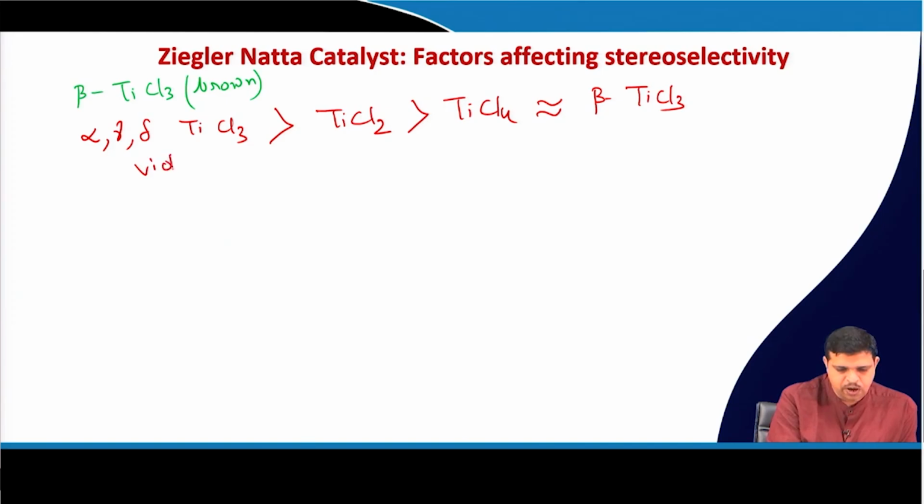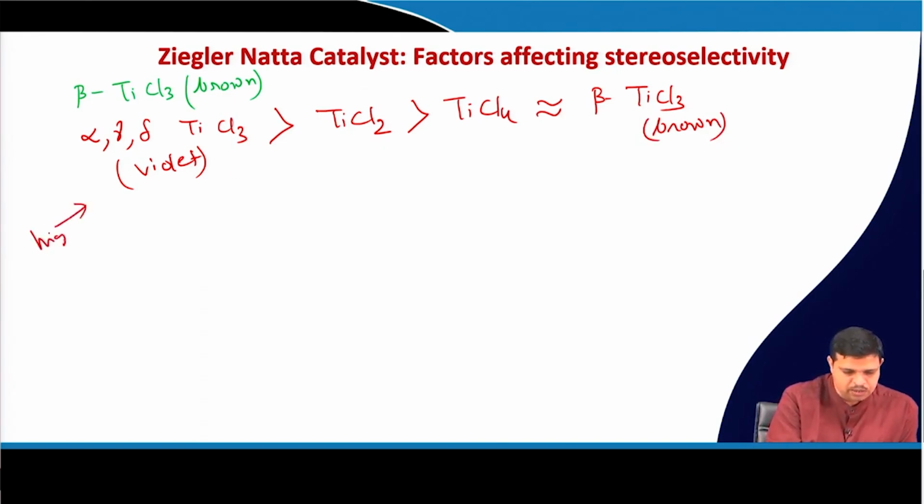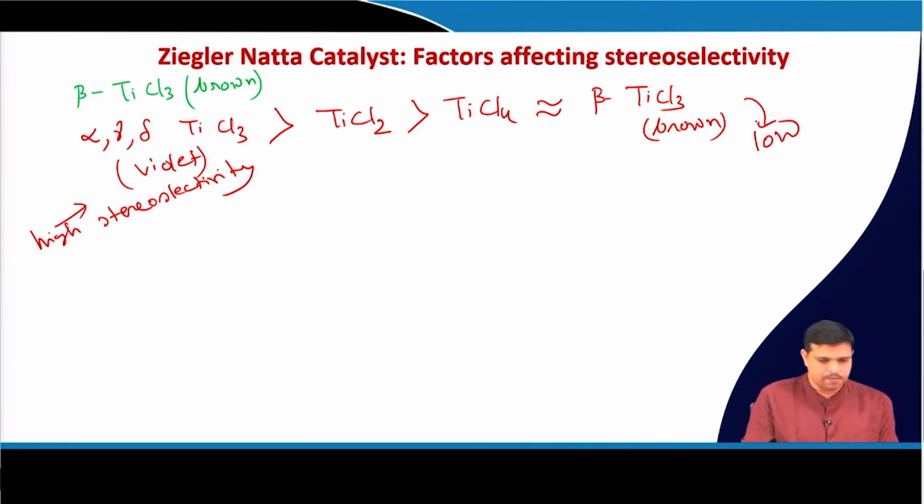As I said, this is violet in color and this is brown in color; this is the high stereoselectivity and this is the low stereoselectivity.